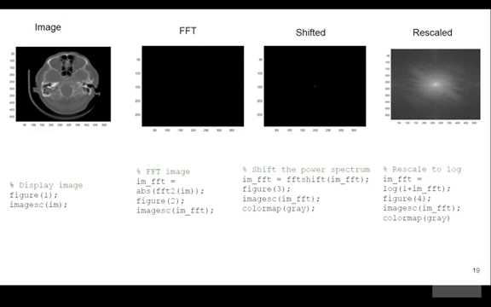We can start to see some of the frequency information there. What you generally find is that further out, at higher frequencies, that's where the noise is. But it's also worth noting that the detail in the image is contained in the higher spatial frequencies.